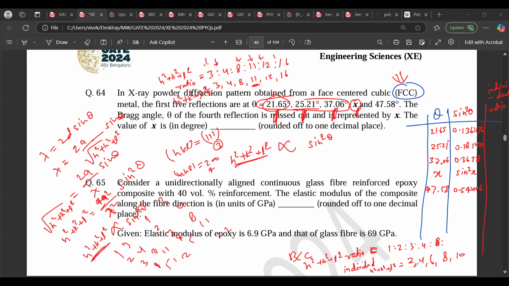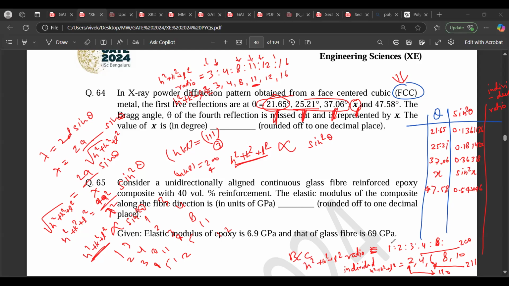So the first peak is 2, which means HKL is 110. If you find h square, it is 1 square plus 1 square, which is 2. The second peak gives you 4, which means the second peak is 200. The third peak gives you 6, that is 211.